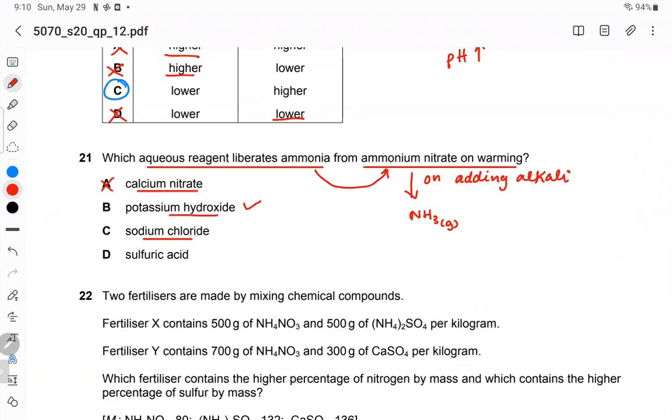Again, a chloride, a salt. So it is wrong as well. A sulfuric acid. So it is wrong as well. So this is the memory point that you need to remember: if we add an alkali to an ammonium compound, ammonia gas is liberated. Is it understandable to everyone? Yes sir.